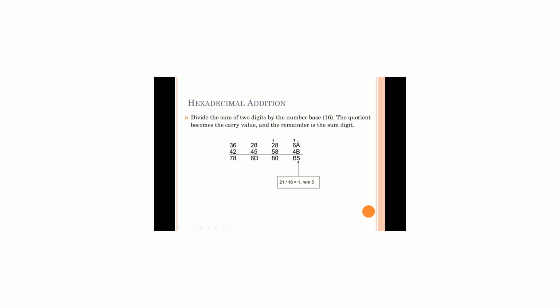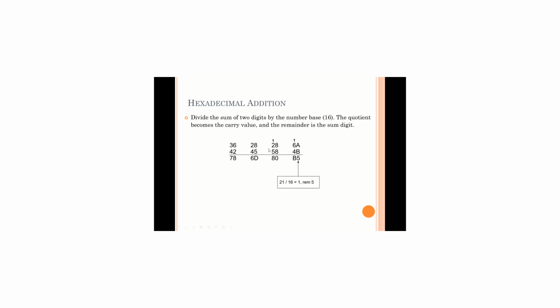So you carry 1 to the digit to the left, which represents 16. And then 21, you carry over 16 and you have a remainder of 5. And then you write down 5 here, okay? And then here, 1 plus 6 plus 4 is 11, which is the letter B.